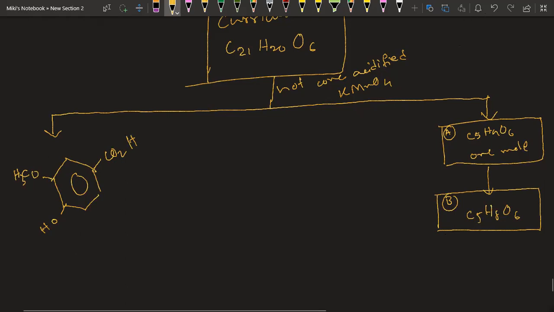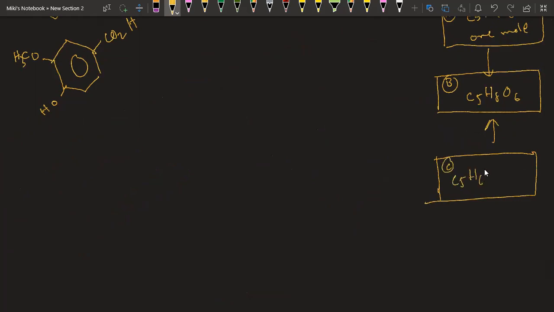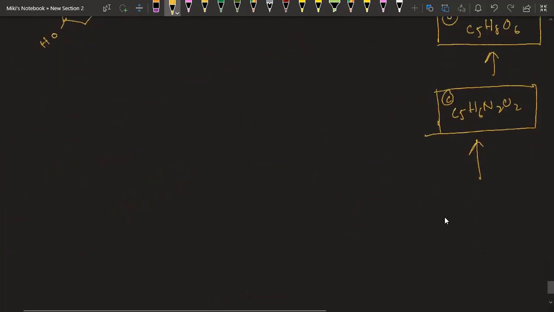And what else do we have? We have C here, which is C5H6N2O2, which is formed when the reactant is CH2, CHO, CHO. Remember, this is an aldehyde group.